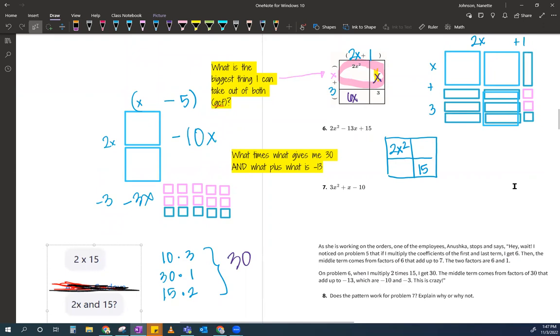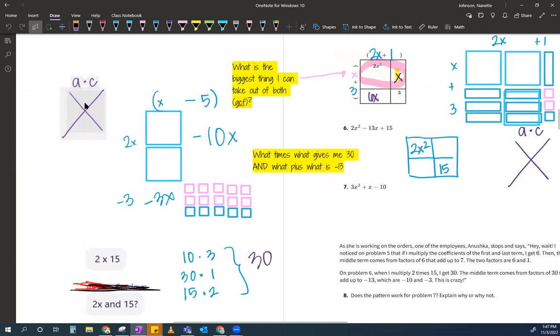So the very first thing I think about is I call this the X box and I multiply A times C. So in this case, that's 2x squared times 15.